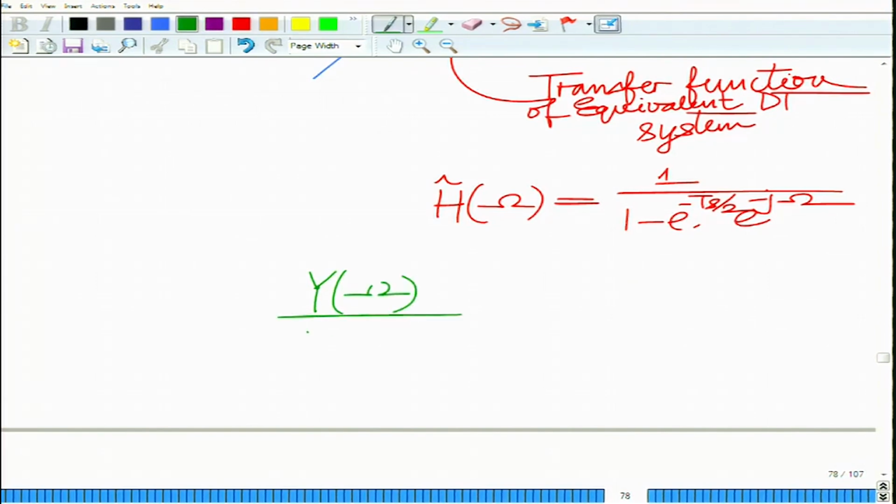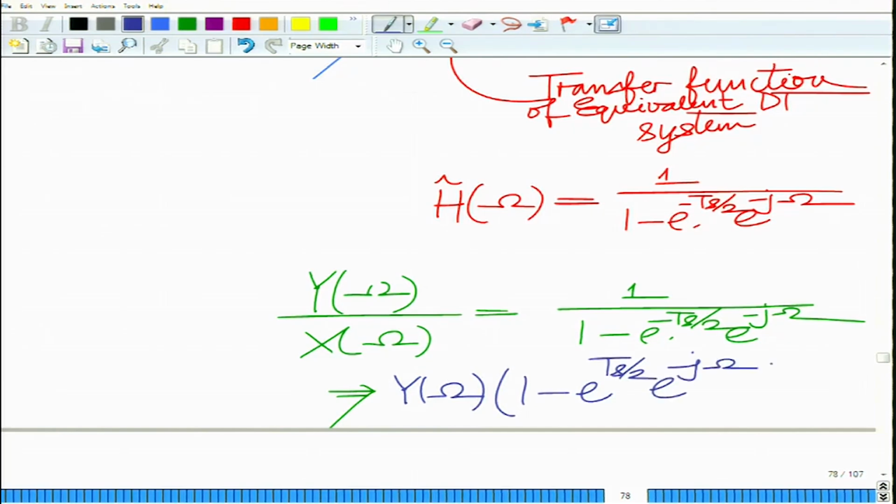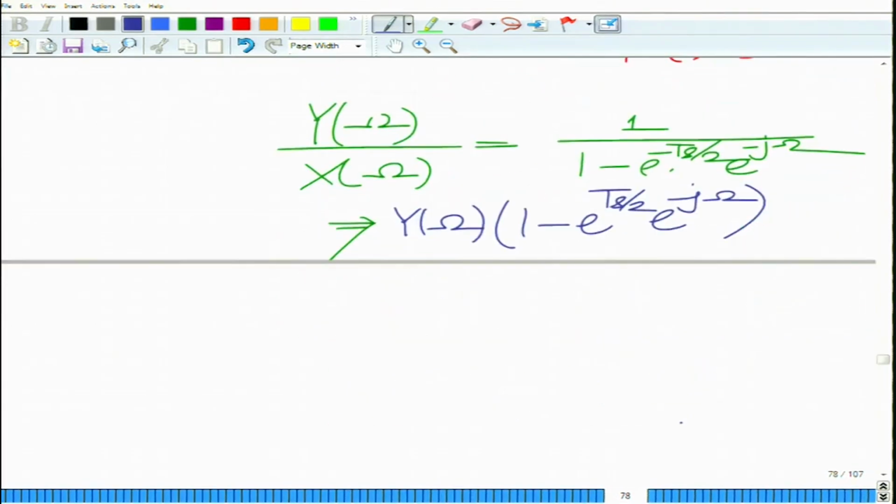We have Y(omega) over X(omega) equals 1 over 1 minus e raised to minus Ts over 2 e raised to minus j omega, which means Y(omega) into (1 minus e raised to minus Ts over 2 e raised to minus j omega) is equal to X(omega).